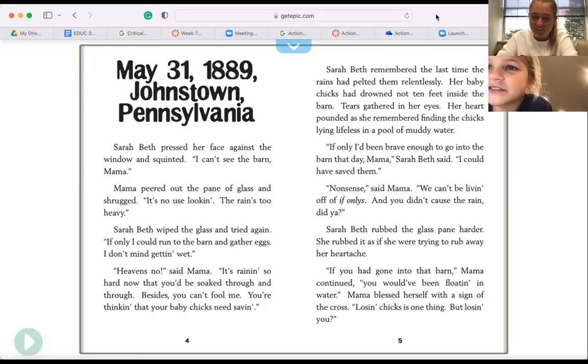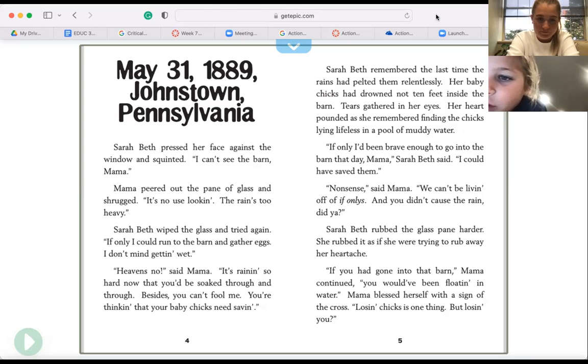Sarah Beth pressed her face against the window and squinted. I can't see the barn, Mama. Mama peered out the pane of glass and shrugged. It's no use looking. The rain's too heavy. Sarah Beth wiped the glass and tried again. If only I could run to the barn and gather eggs. I don't mind getting wet. Heavens no, said Mama. It's raining so hard now that you'd be soaked through and through.